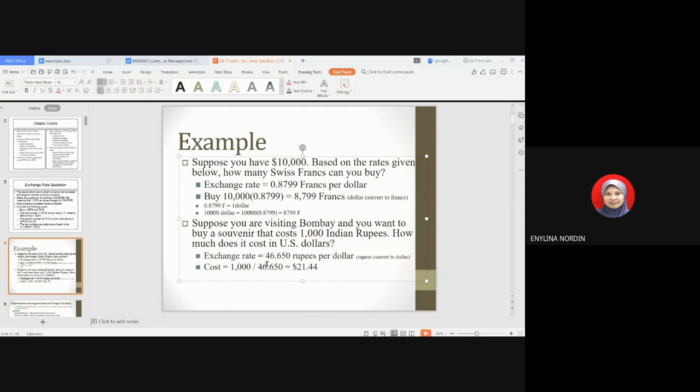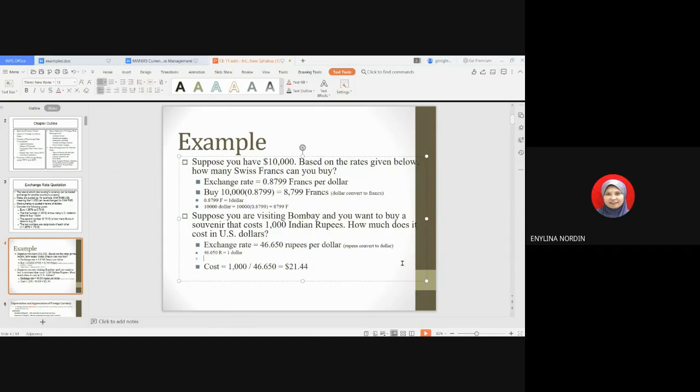So how is it? Let's say the exchange rate is 46.650 rupees equals $1. If it costs you 1,000 rupees, how much should it be in dollar?